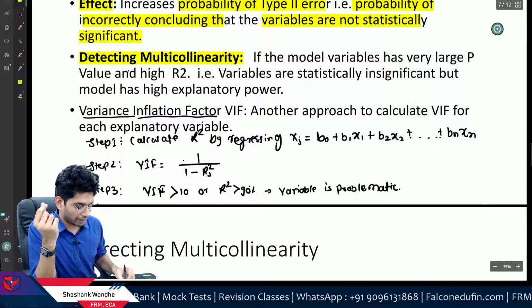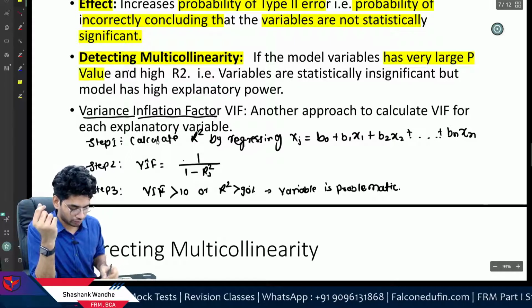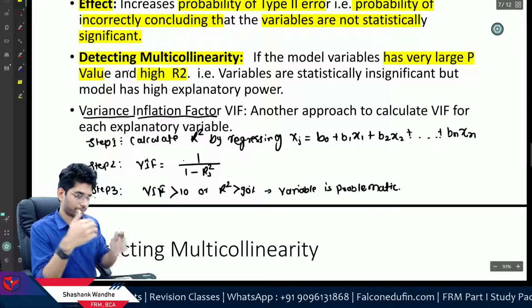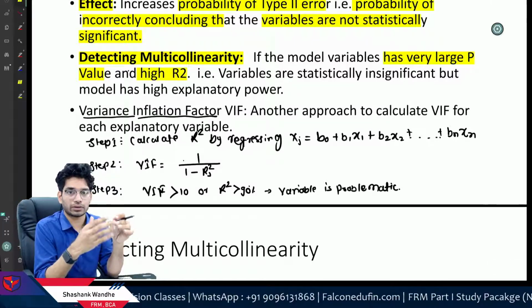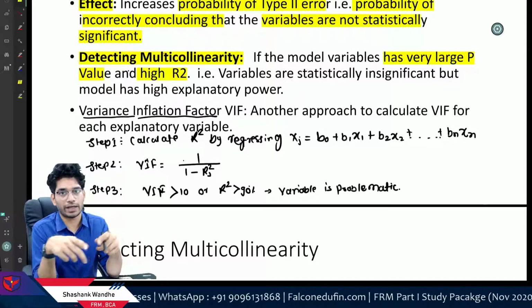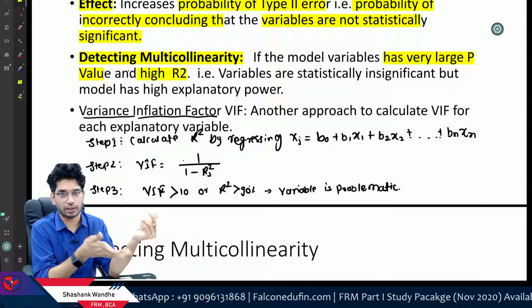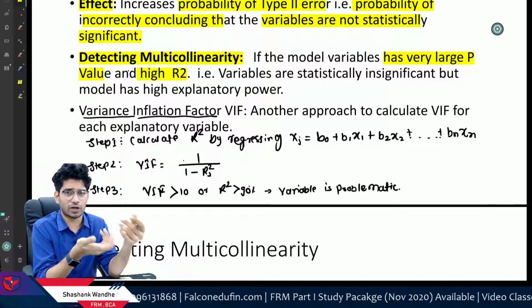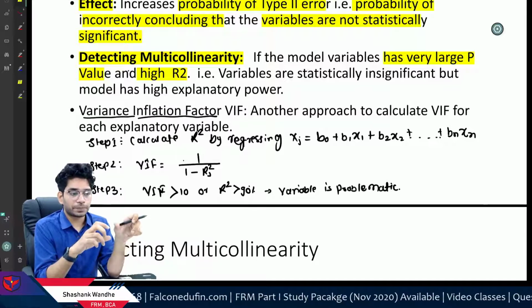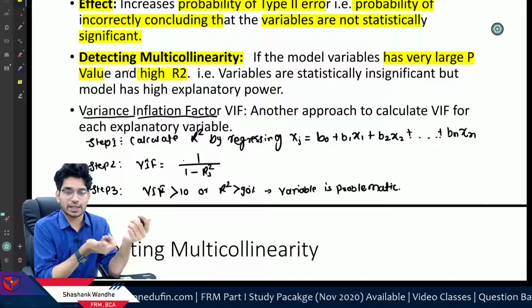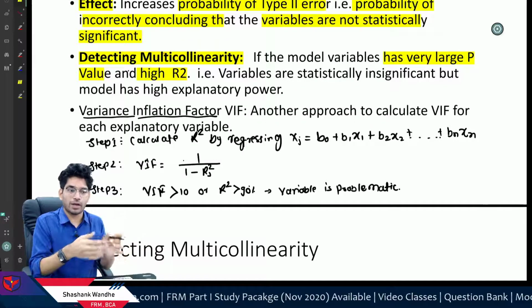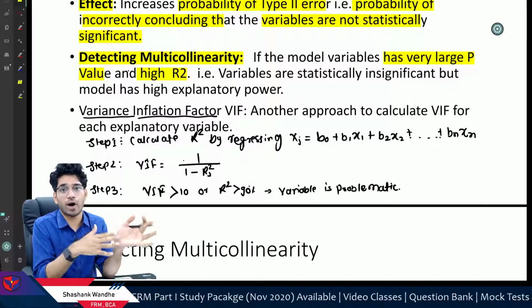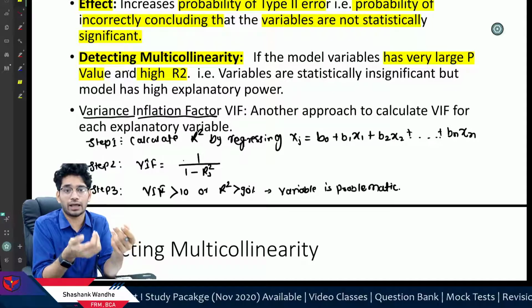Now see, detecting multicollinearity. If the model has variables with very large p-values and a high R square, that is, individually your variables are not able to explain. A high p-value indicates not statistically significant, but if you see the model, there is a high R square, say 90%, 95%, meaning the model is very well explained.